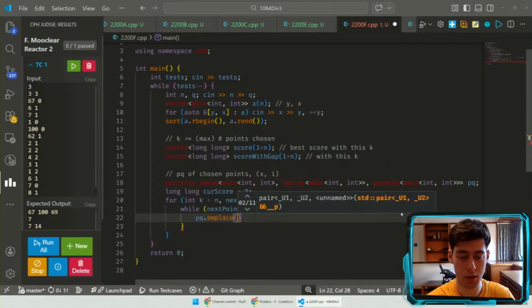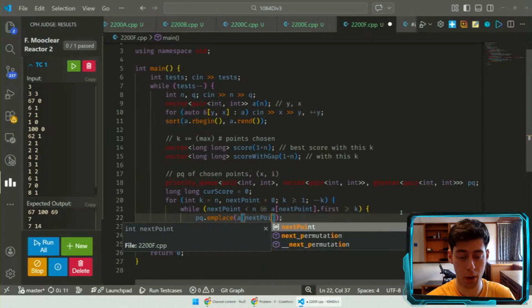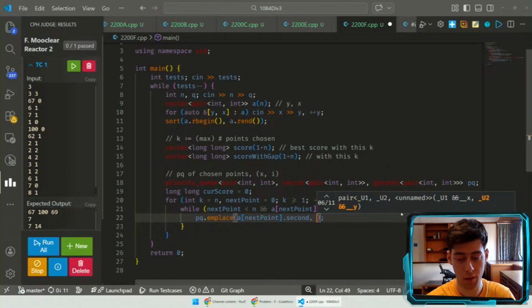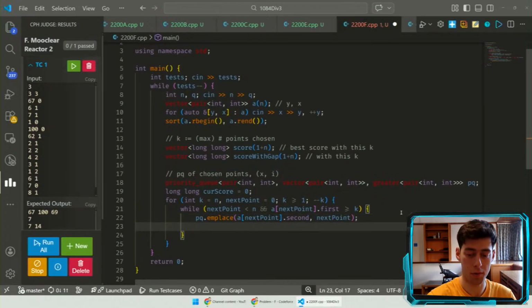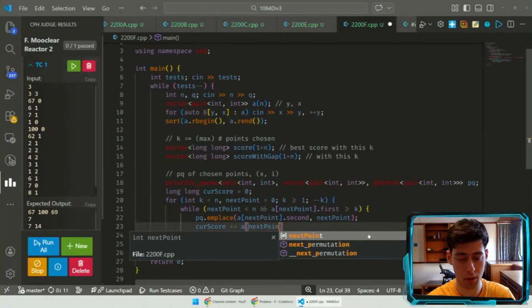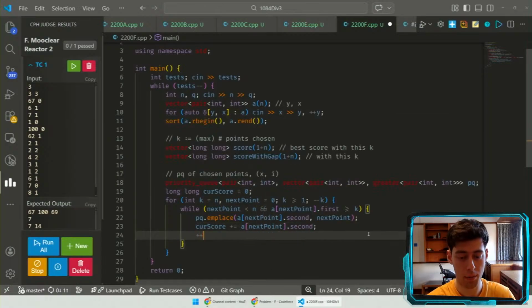PQ emplace, a next point second with next point. So how much value it gives me and its index. Current score plus equals a next point second and plus next point.